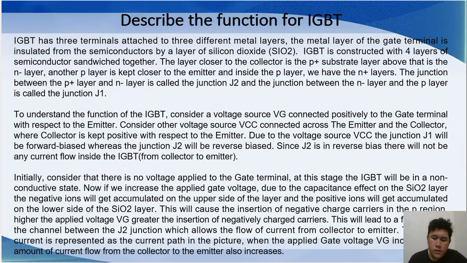This will lead to the formation of a channel between the J2 junction, which allows the flow of current from collector to emitter. The flow of current is represented as the current path in the picture. When the applied gate voltage Vg increases, the amount of current flow from the collector to the emitter also increases.